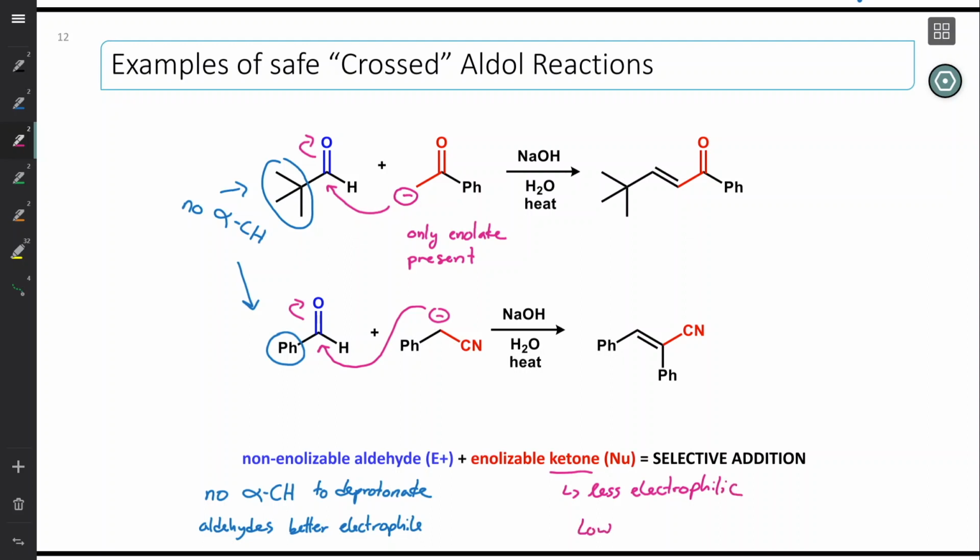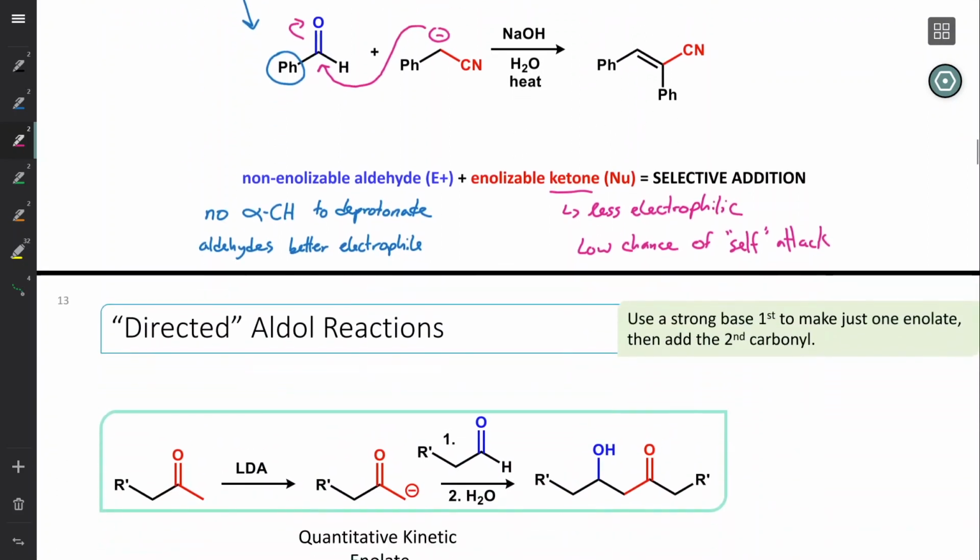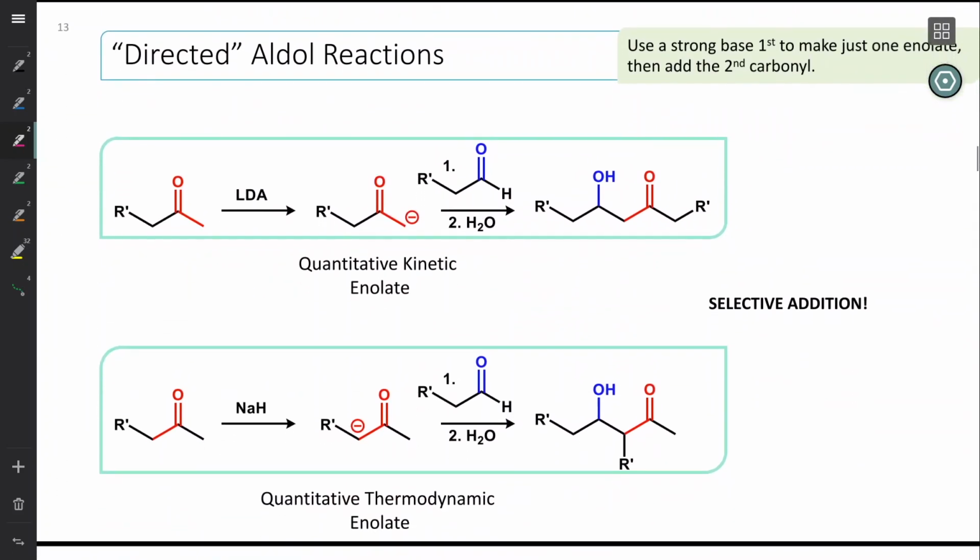So there's a low chance of self-attack. Those are little tricks you could use to do a safe crossed aldol and mix everyone in the pot. But an even safer method is the directed aldol.